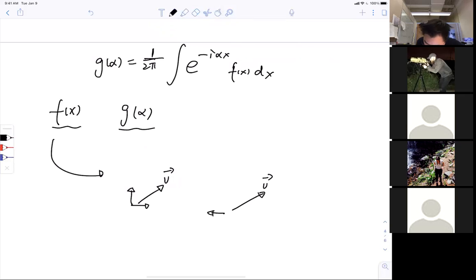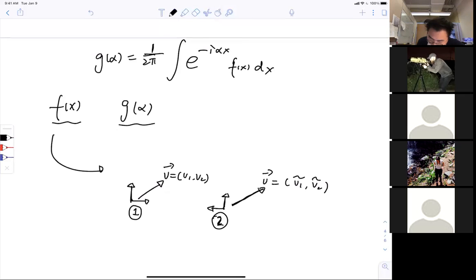Basically, I'm going to another coordinate. If you express this vector V in basis 1, you would get V1 and V2. And if you express the same vector V in basis 2, you would get some different V1 and different V2, right?